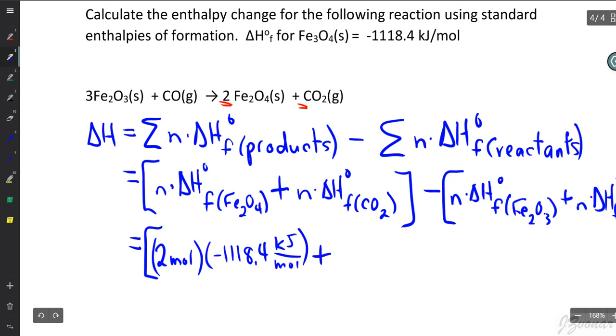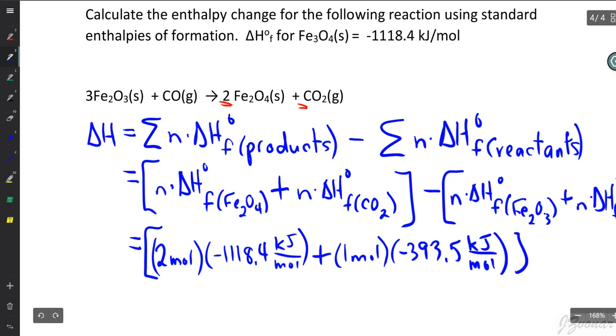Plus, for carbon dioxide in a gaseous state, we've got 1 mole of it from the balanced equation. And I have to look it up on my reference table on page 320, and I find that it is equal to negative 393.5 kilojoules per mole. And I'm going to subtract that. I'm going to go on the next line because I've run out of space.